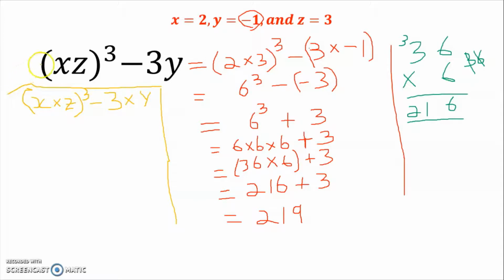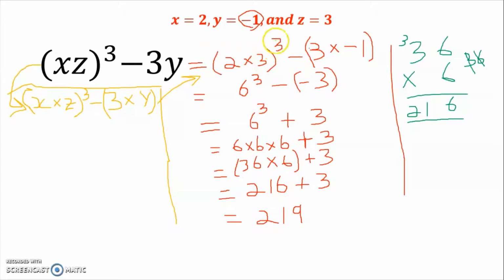So this expression, when expanded, we get this. We just put this in brackets for convenience. We know that x is equal to 2, so we remove the x and bring in 2. z equals 3, so we remove the z and bring in 3.